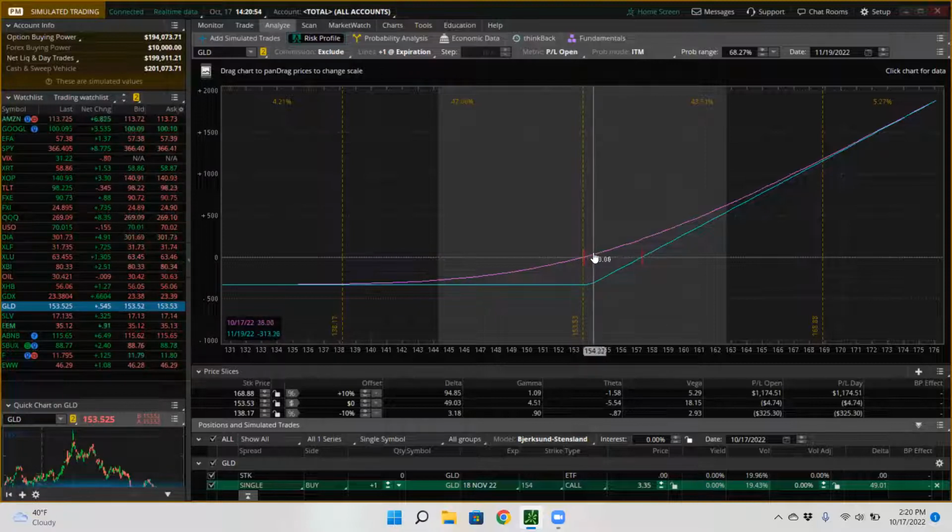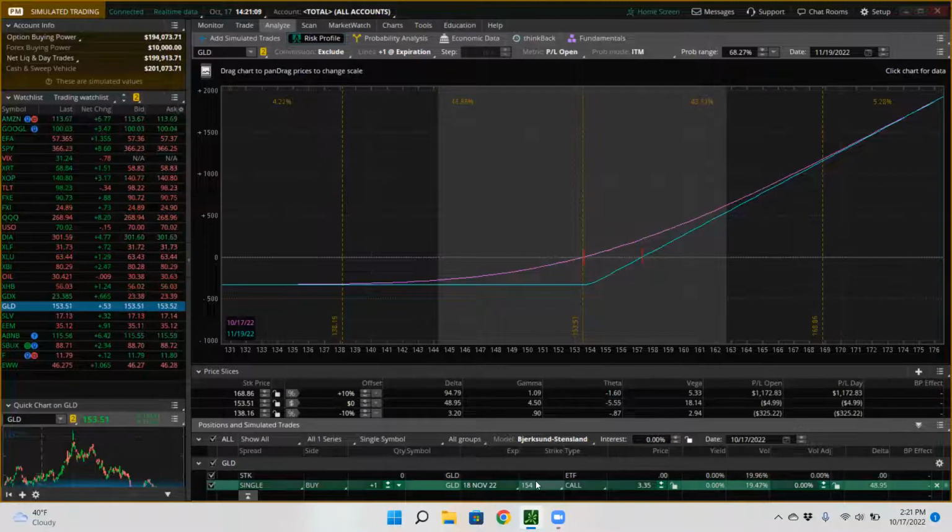You'll see that there are other things that affect it, like theta or time decay, which we'll get into in a different video. But if you take this all the way through expiration, in order for you to reach this red line right here, we have to do a little bit of math.